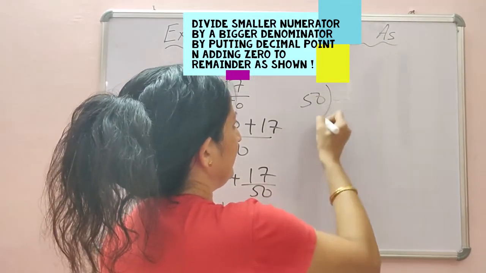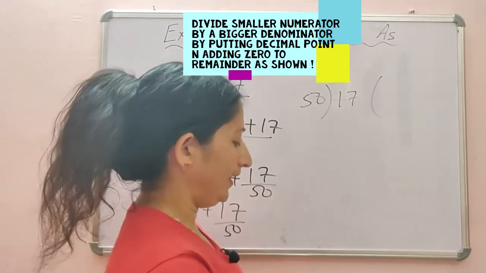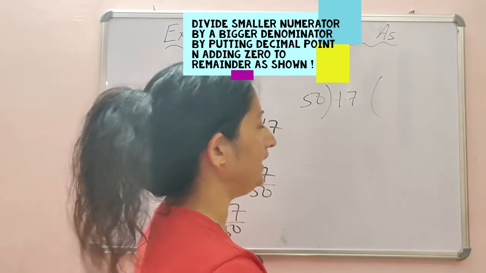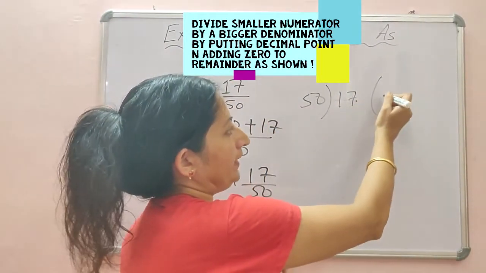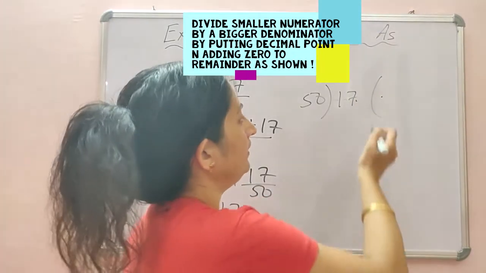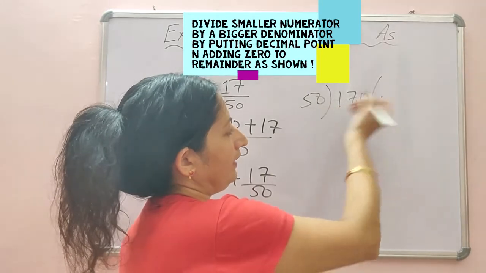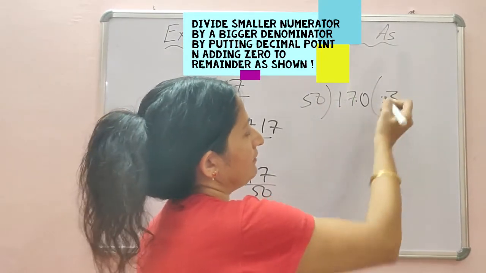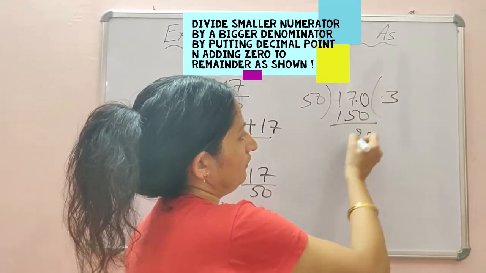We take the dividend and divisor, and as we cannot divide 17 by 50 like that, we put a decimal point here, another decimal point here, and a 0 here. 5 twos will be less, 5 threes we can take, we will get 150.